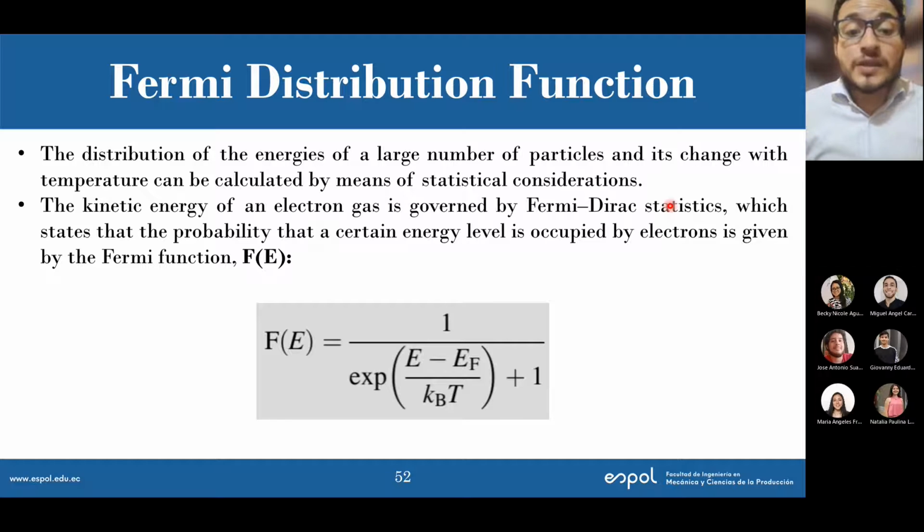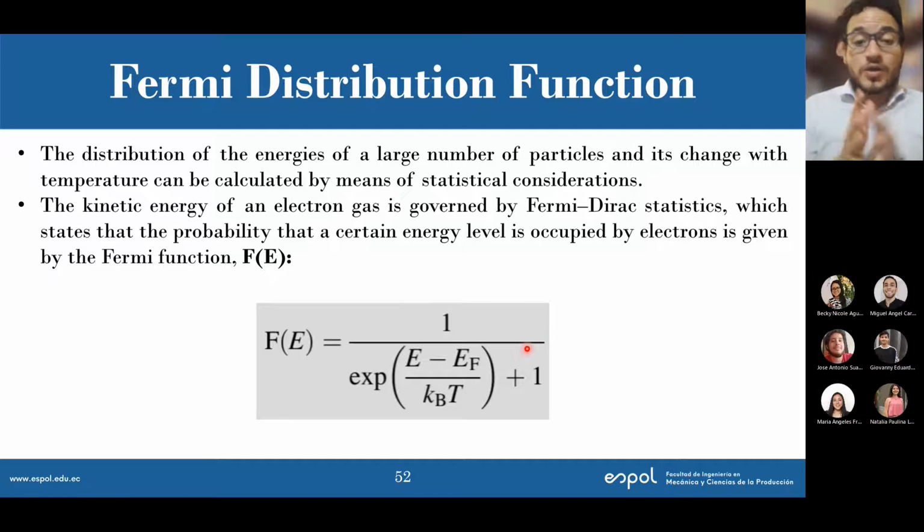And so this equation that you're looking at right now is known as the Fermi function. That equation tells me the probability that a certain energy level is occupied. So if you remember, this is a probability.